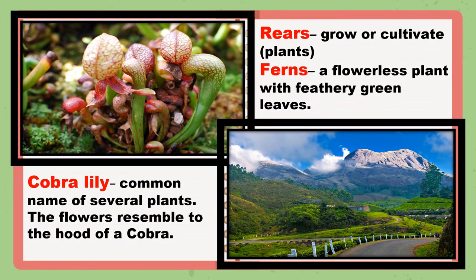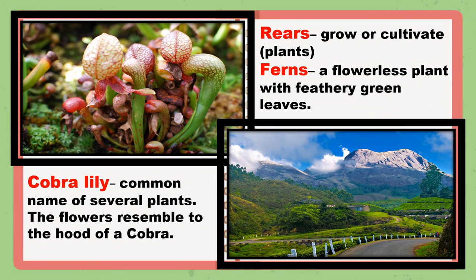The new words that we find in this extract are cobra lily. You can find the image here. It's a common name of several plants, and this is called cobra lily because these flowers resemble the hood of a cobra.